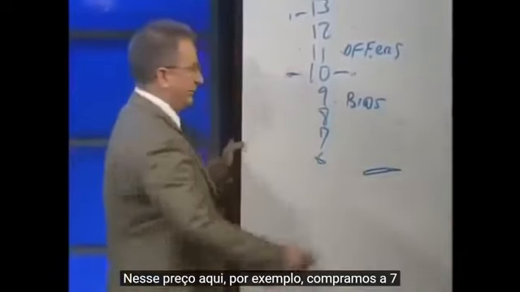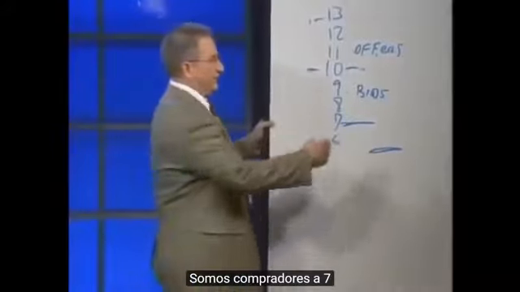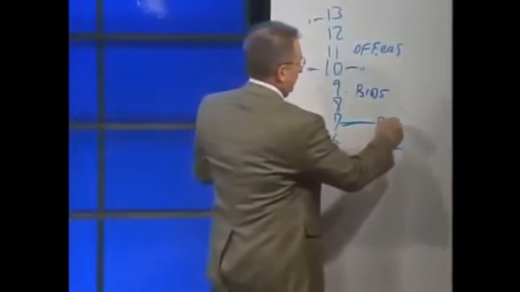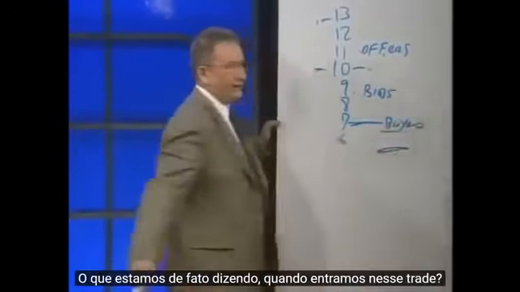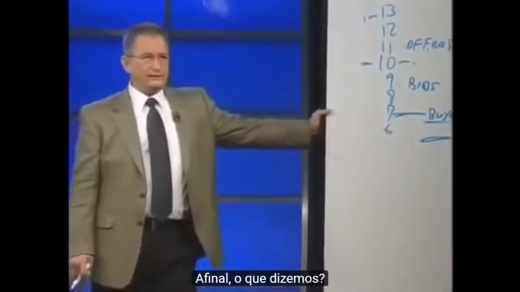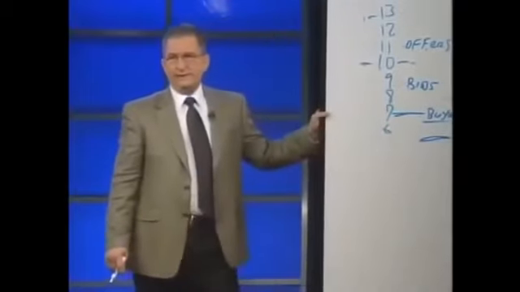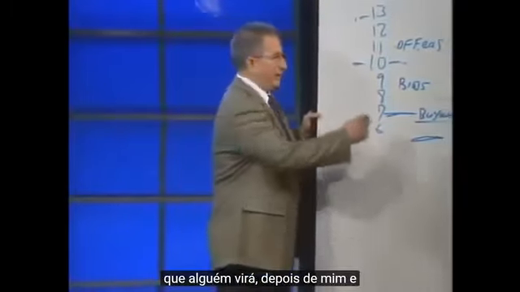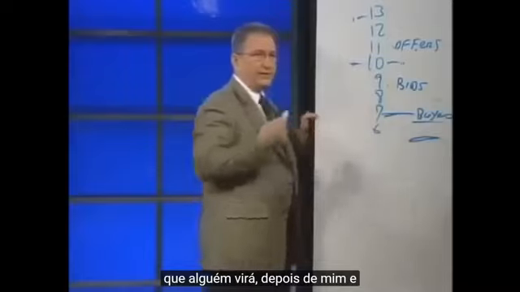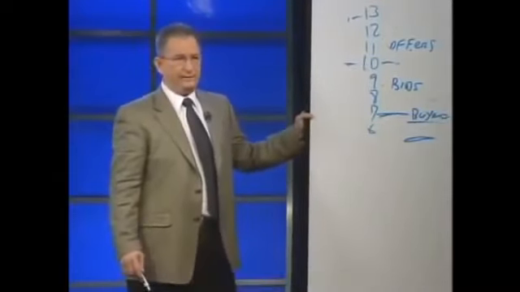When you and I get into a trade at this price right here, let's say we bought at 7, we're buyers at 7. What are we really saying when we get into that trade? Bottom line, based on the dynamics of what I just explained, we're saying that I think someone is going to come into the market after me and buy at a worse price than what I did.